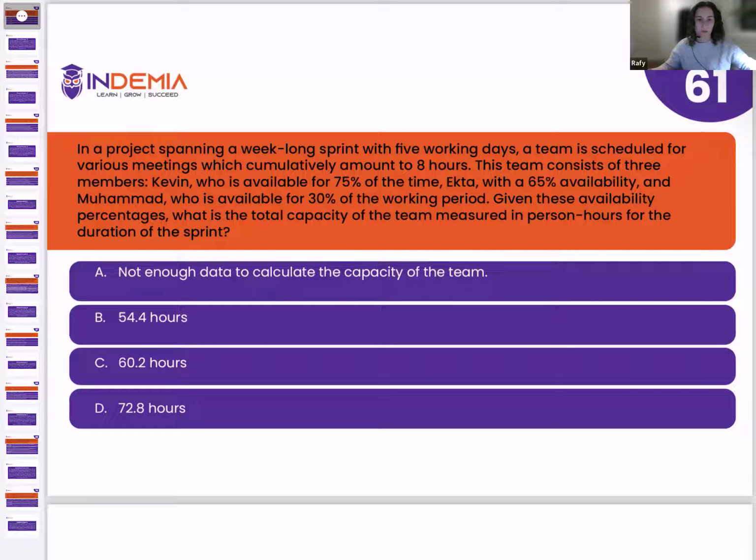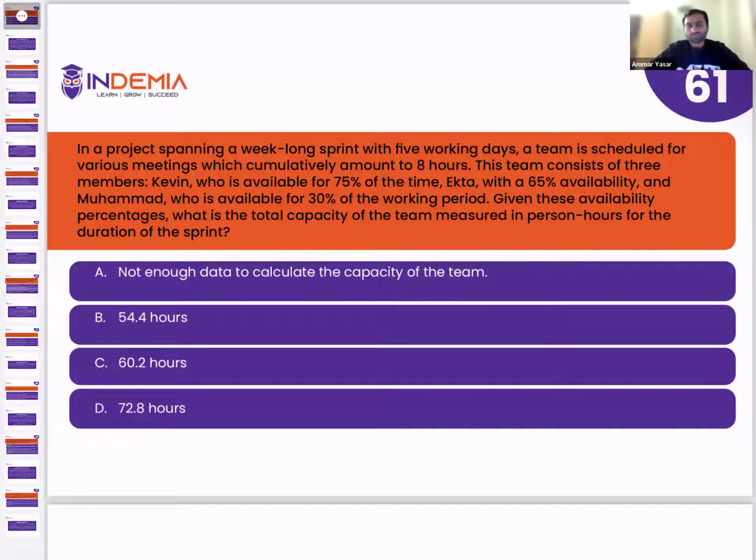The only number we have is that the total number of hours they spent in meetings was 8 hours. So it's just a bunch of information that's not really relevant to calculate what the total capacity of the team is. All right. So what do you need to calculate capacity?